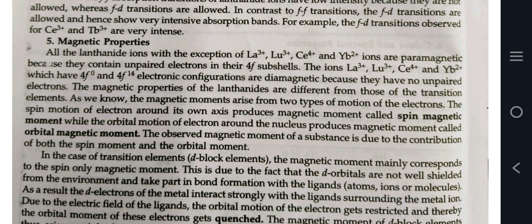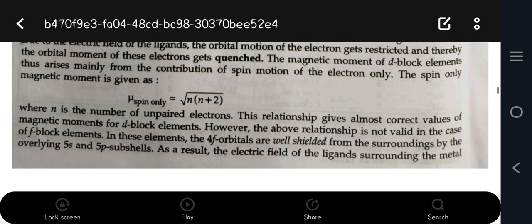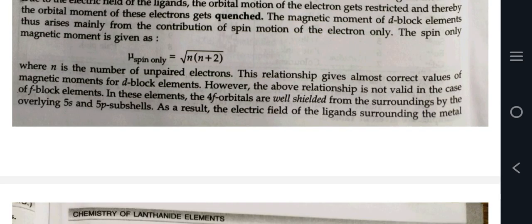Due to the electric field of the ligand, the orbital motion of the electron gets restricted and thereby the orbital momentum of these electrons gets changed. The magnetic moment of d block elements thus arises mainly from the contribution of the spin motion of the electron only.